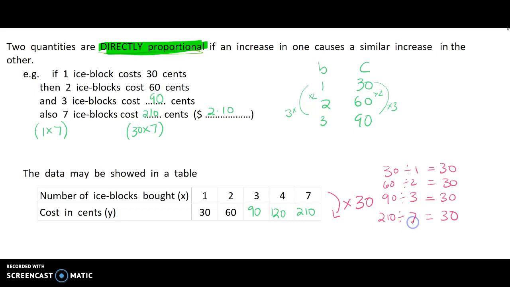So all our y values divided by their corresponding x values come up with the same number. Now this same number is called the constant of proportionality.